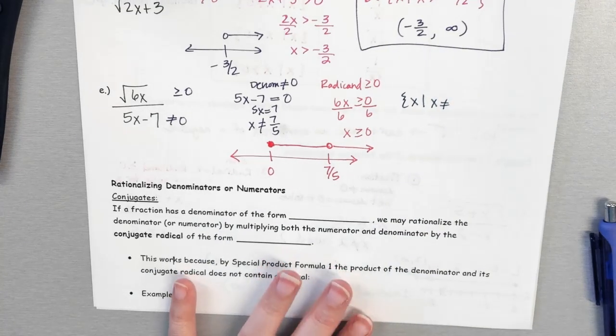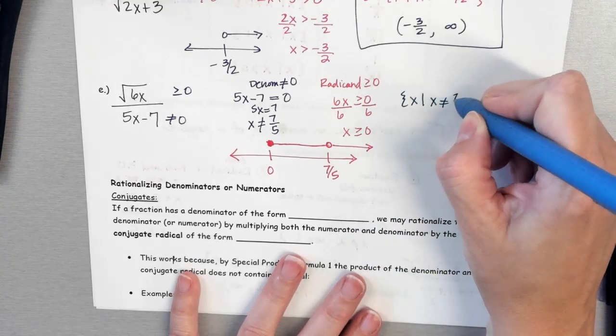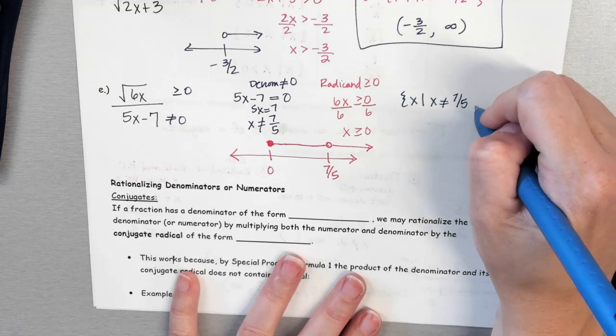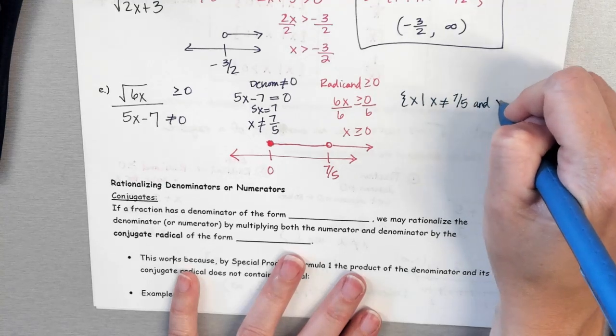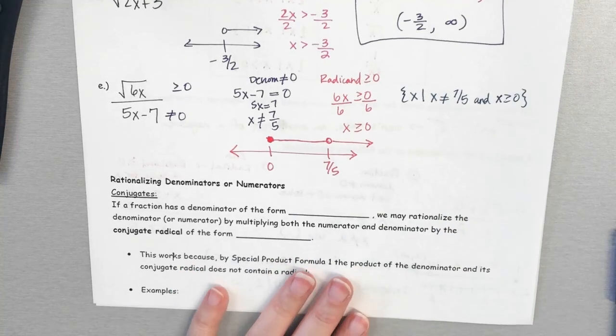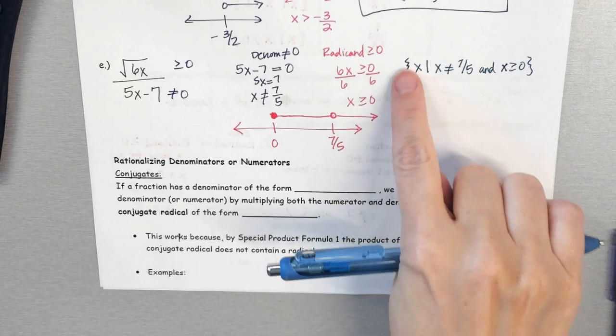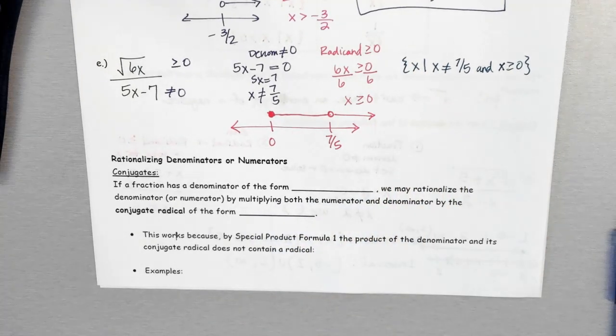And then for the set builder, can you see if you can do that in interval notation? How confident are we feeling with the interval notation?